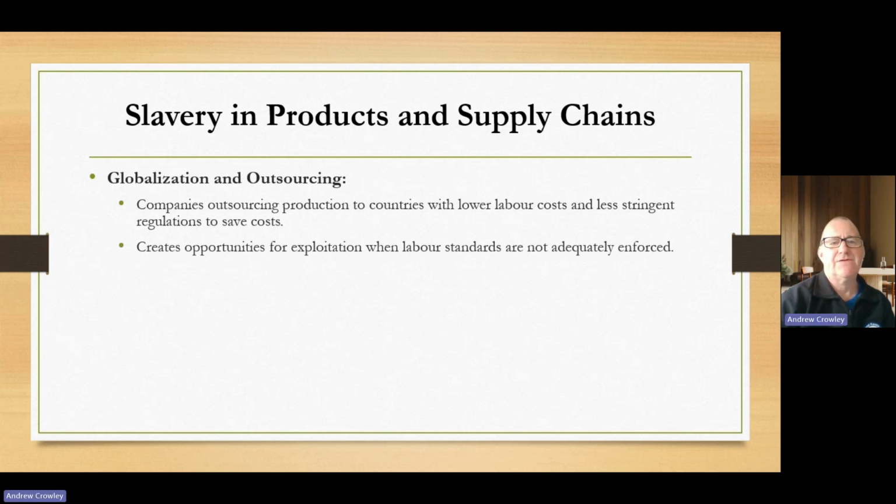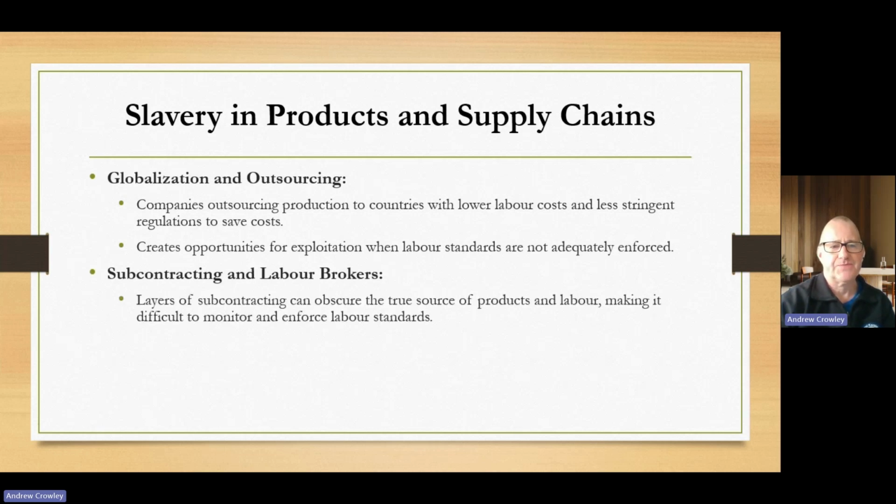This creates opportunities for exploitation where labour standards are not adequately enforced. They can sometimes use labour brokers to form subcontractors. And these multiple layers of contracts can hide or obscure the true source of the product and the labour, making it difficult to monitor and enforce these labour standards.